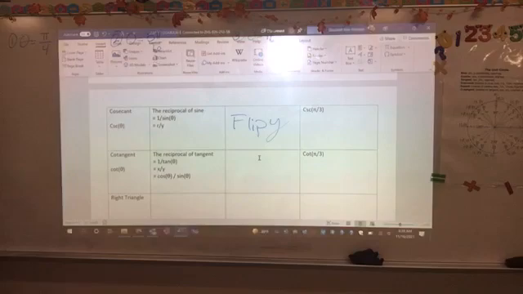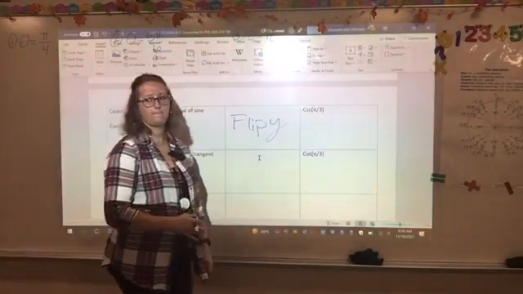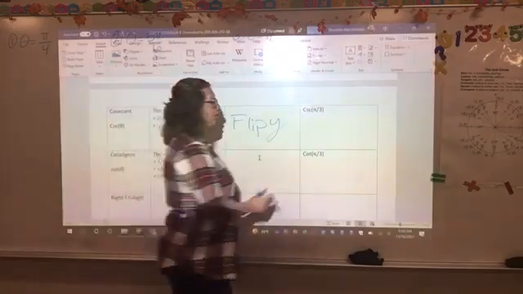So cosecant of pi thirds. Find pi thirds, find the y value, then flip it. So what is it? 2 over square root of 3.